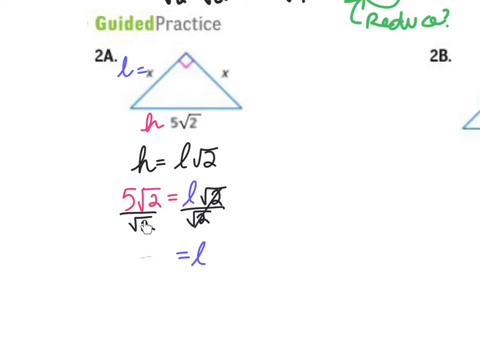If you can rationalize your denominator in the sense of canceling out, do that. So we have square root of 2 over square root of 2. That is going to cancel. So we are left with our leg being a value of 5. Okay. So this will not always work, but if you have the same radical top and bottom, cancel it out.